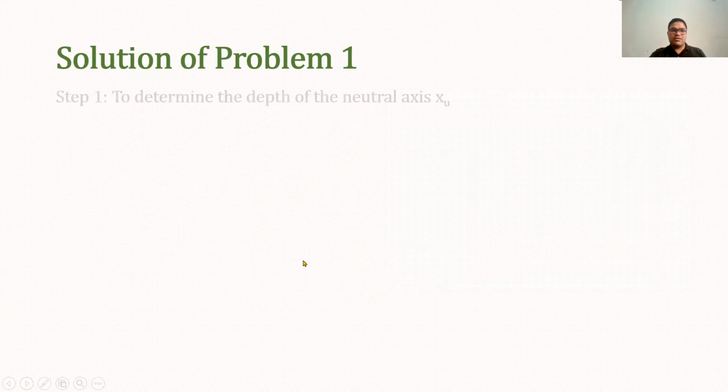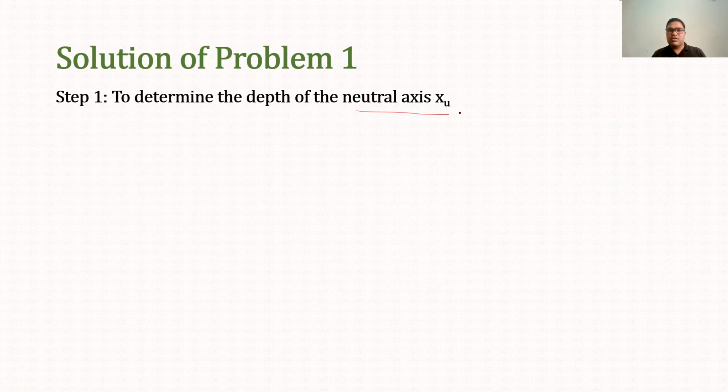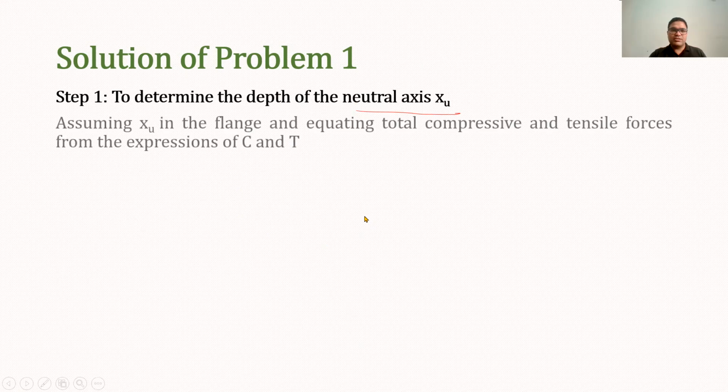So the first step is to determine the depth of neutral axis, which is XU. As I have discussed in the steps, our first step is to assume that the depth of neutral axis is lying within the flange.